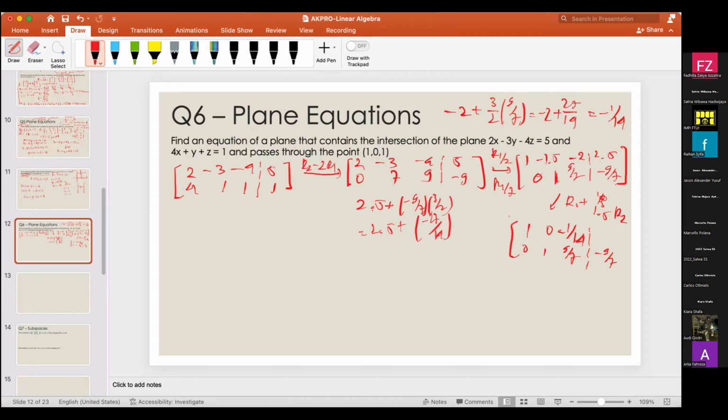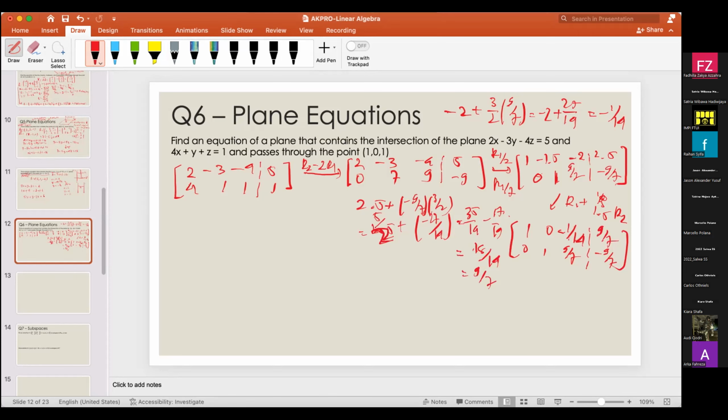This is 5 over 2, which is equivalent to 35 over 14 minus 27 over 14. 35 minus 27 is 8 over 14. Now we have the row echelon form. Sorry, the reduced row echelon form.